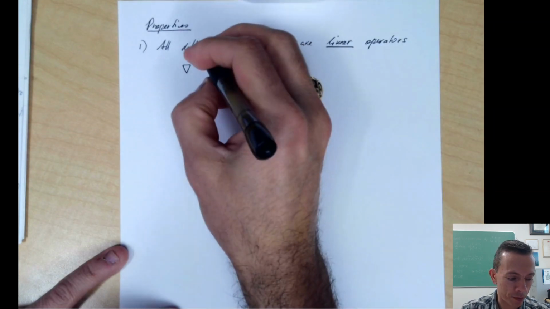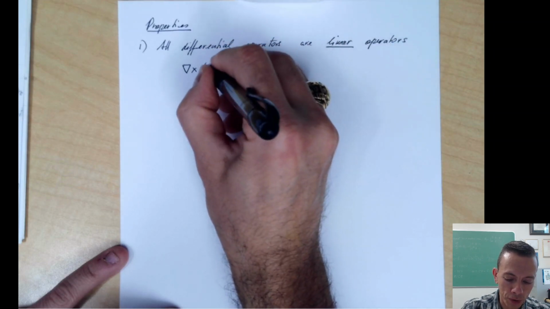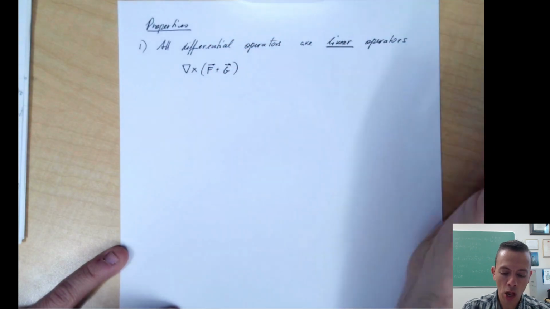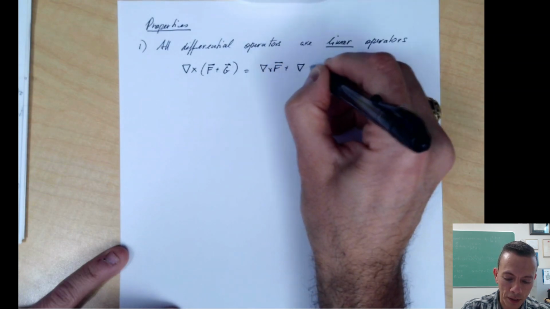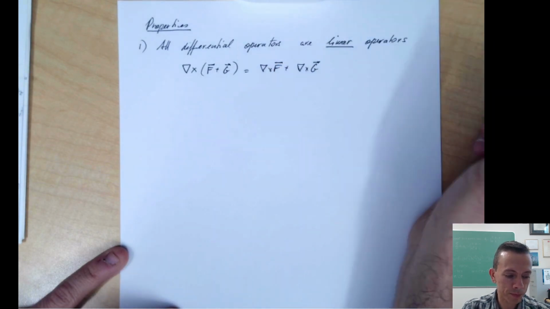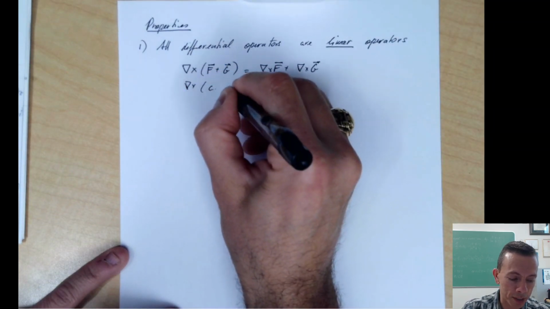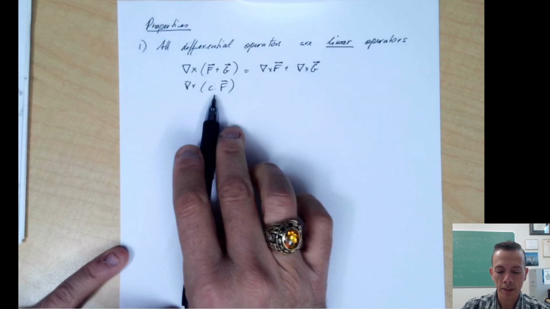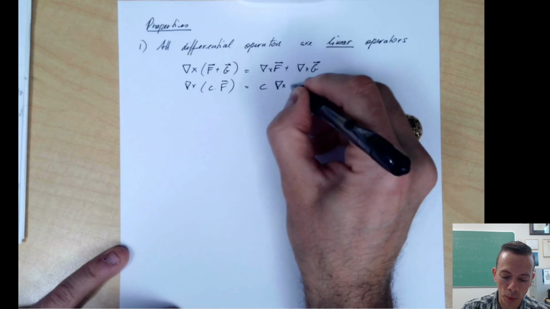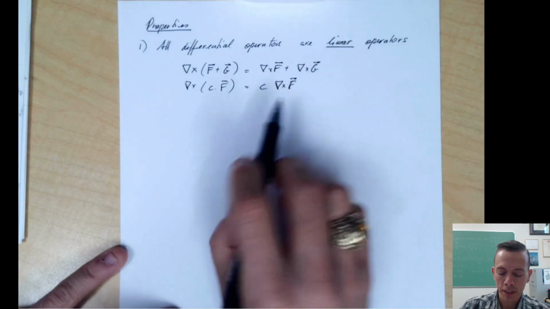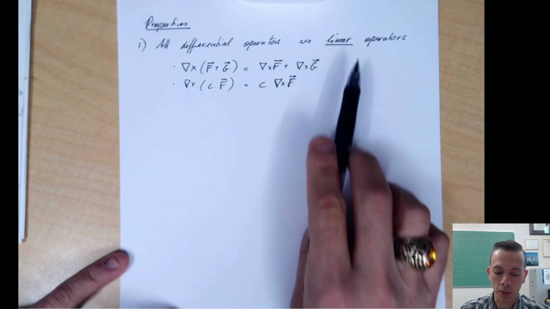For example, if you have the curl of a sum of two vector fields, F plus G, you can always just take that as the curl of F plus the curl of G. Or if you have the curl of some constant times the vector field F, you can float that constant outside of the curl operator. The same kind of thing that you are used to doing with regular derivatives, which is another example of a linear operator.